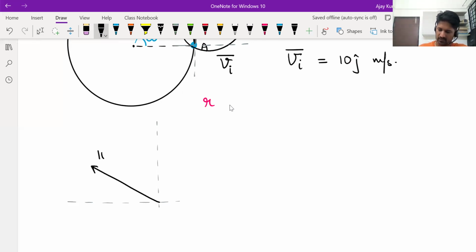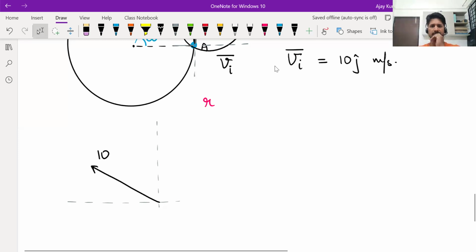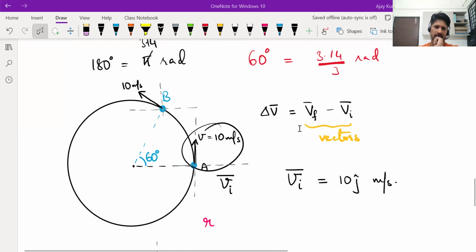Its magnitude is 10. To express it as a vector in terms of i cap, j cap, what else do you need to know? Is magnitude enough to tell the components? You should know the angle with the horizontal. Angle with the x-axis or the y-axis we need. Okay.